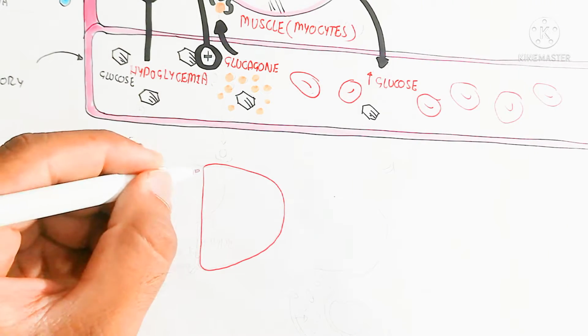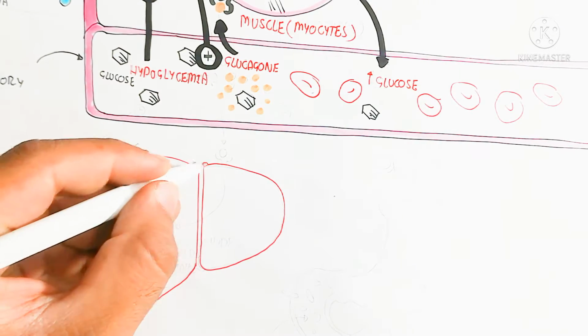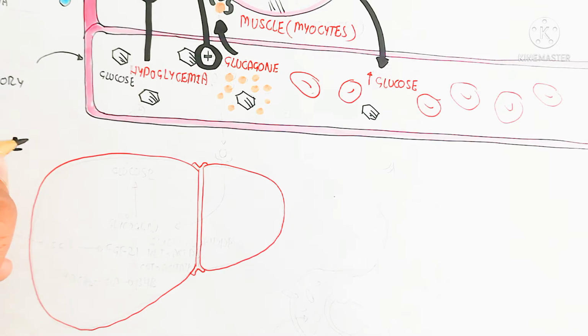Here is the liver. The liver also contains a glucagon receptor that binds glucagon due to the higher concentration of glucagon in the blood circulatory system. After this binding, glycogen is converted into glucose as well.